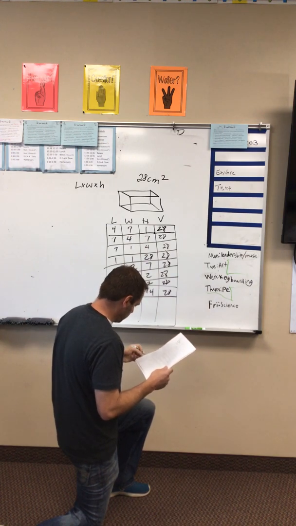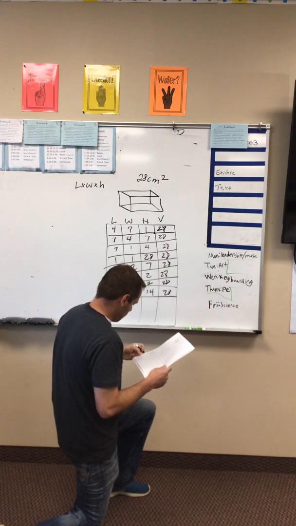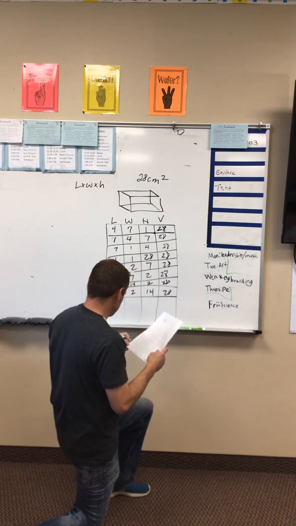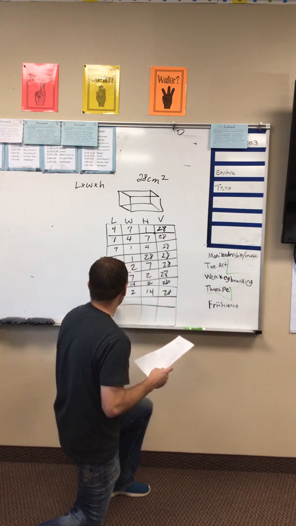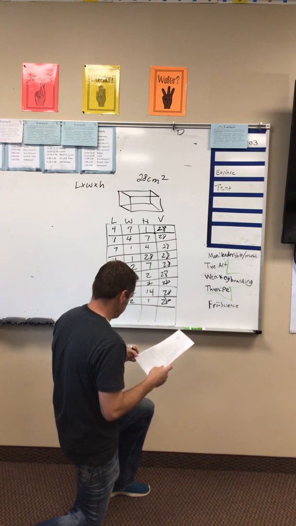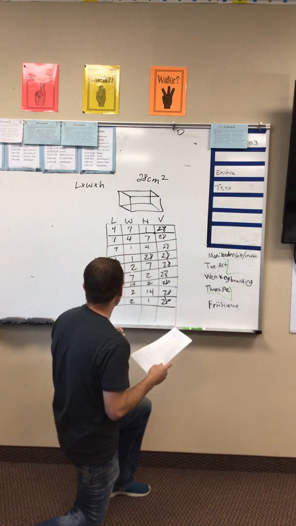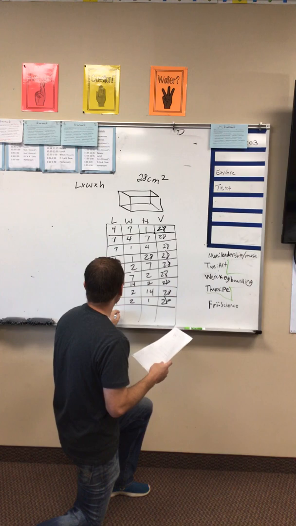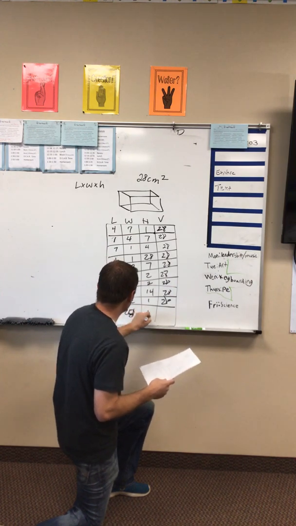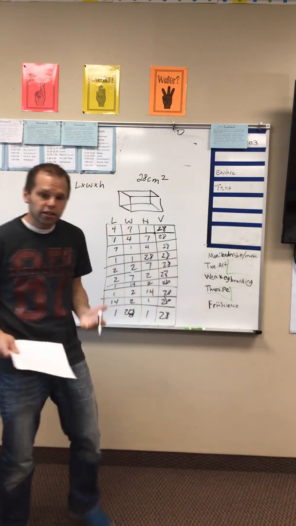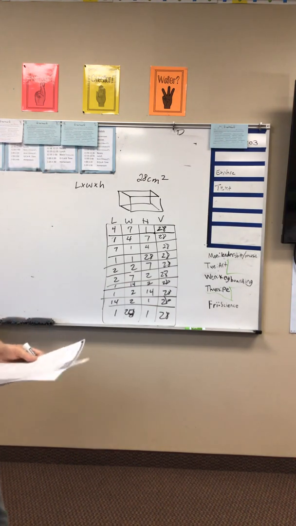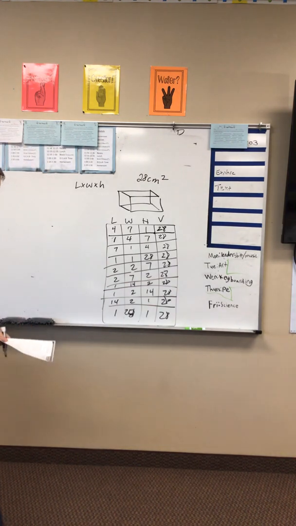What am I missing? 1, 2, 3, 4, 5, 6, 7, 8, 9, 10. 14 times 2 times 1, 28. 2 times 2. And then let's do 28 and 1, which will be 28. Okay, so I list all the different possibilities that I can make that mold to have a volume of 28. And number 1, they said the answer for us.